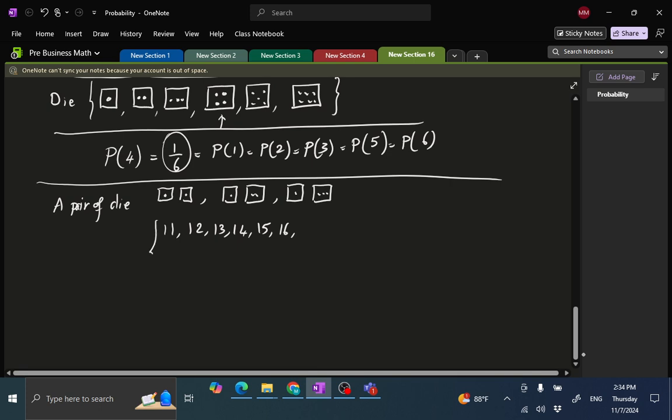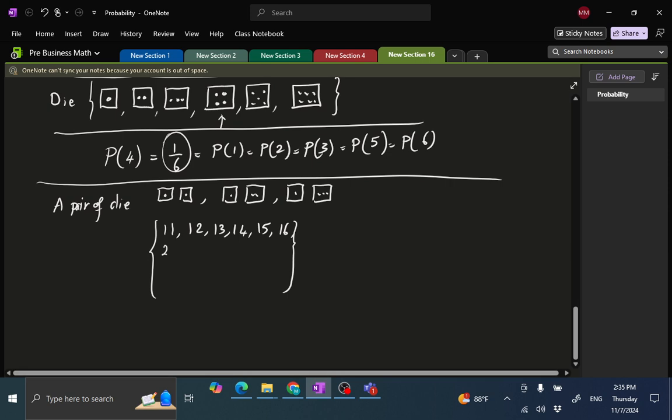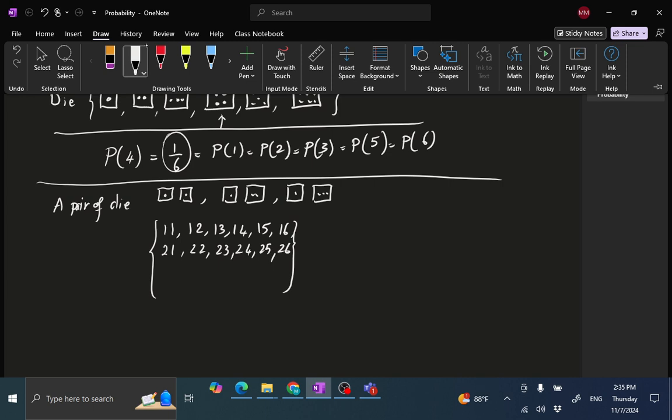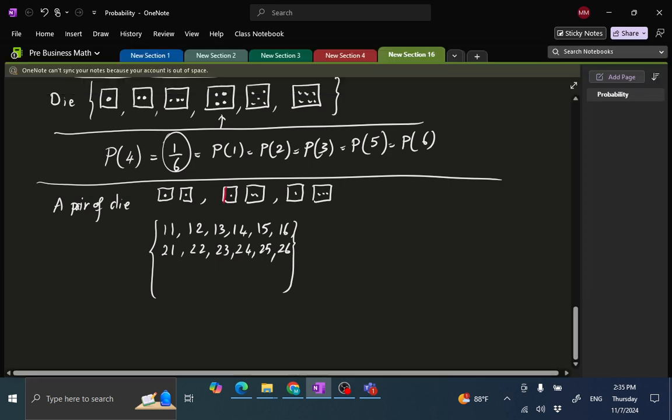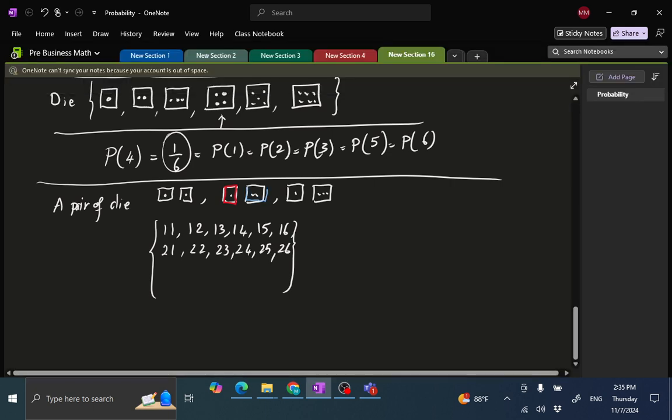Okay, so let's arrange them like this. Again, I really have to separate them, but that's just going to make it more crowded. So we can get 2 1, 2 2, 2 3, 2 4, 2 5, 2 6. So let me put my commas. What does that mean? You can have 1 2, for example. To keep our heads straight, we can color our dice.